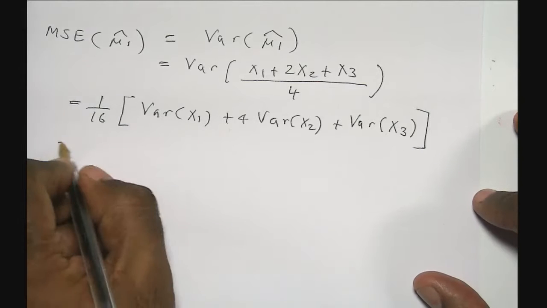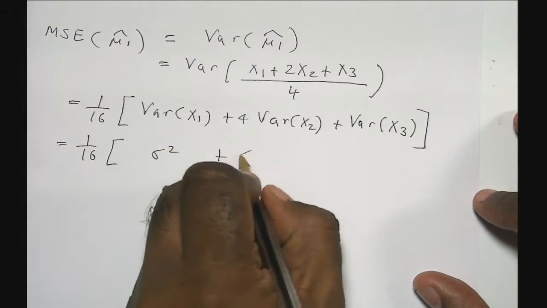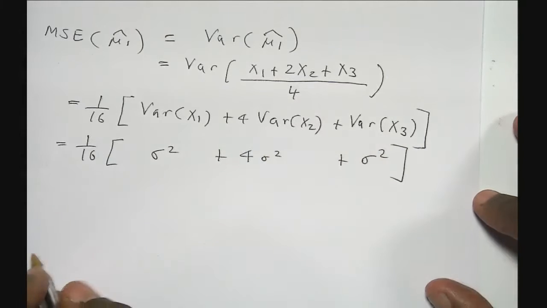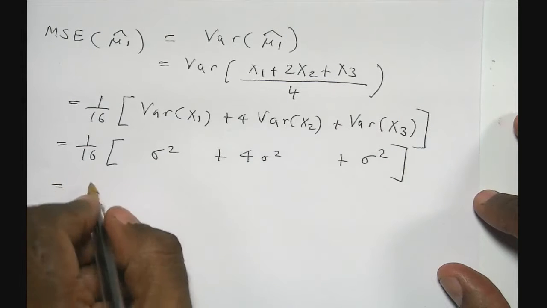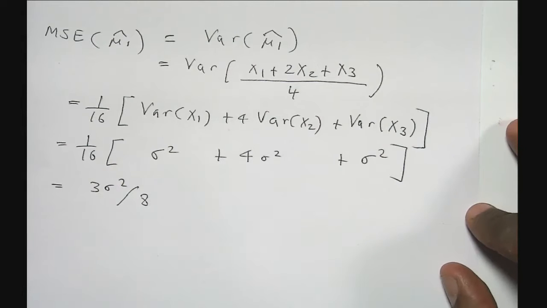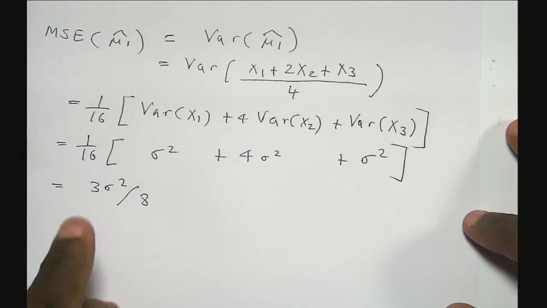So this is 1/16 times sigma squared plus 4 sigma squared plus sigma squared. So this is basically 3 sigma squared divided by 8. So this is the MSE of mu1 hat.